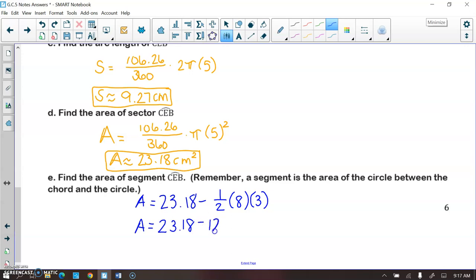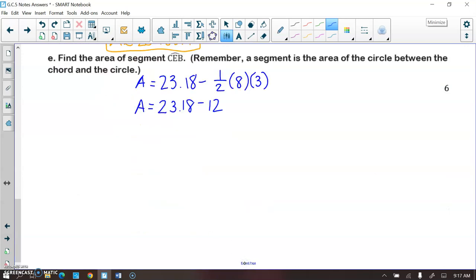The area of the triangle comes out to be 12. So my area of my segment is going to be rounded because my area of my sector was rounded. It comes out to be 11.18.